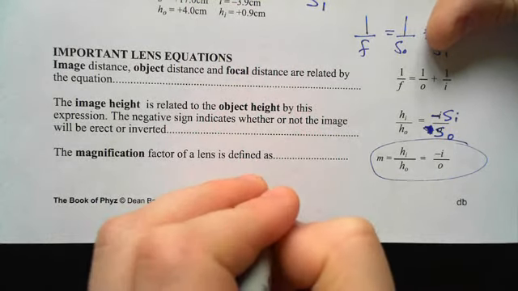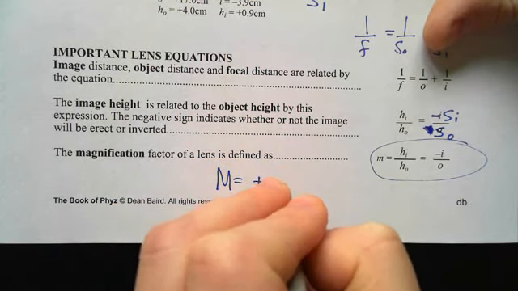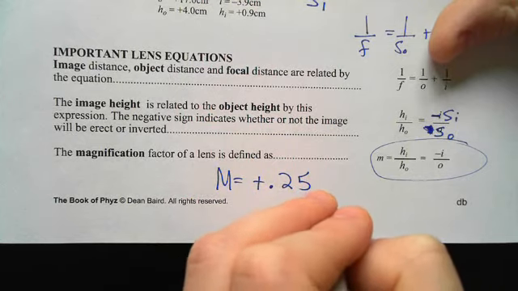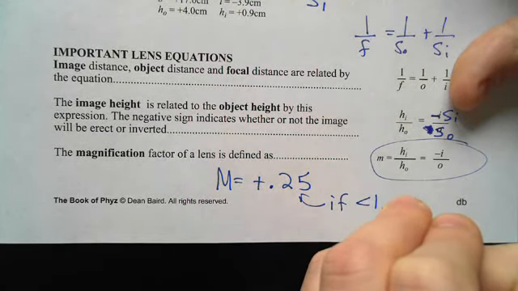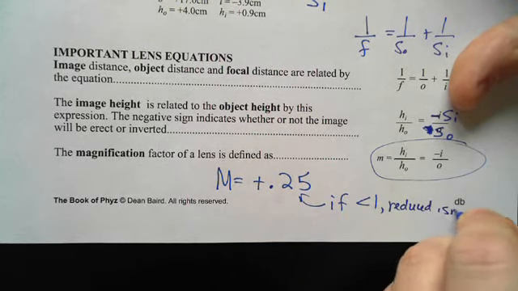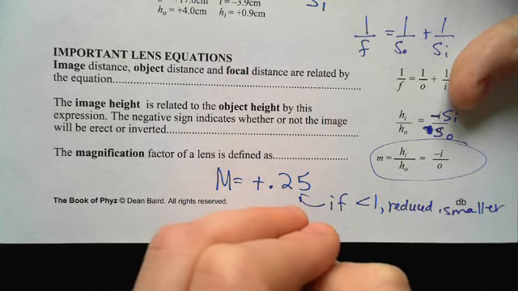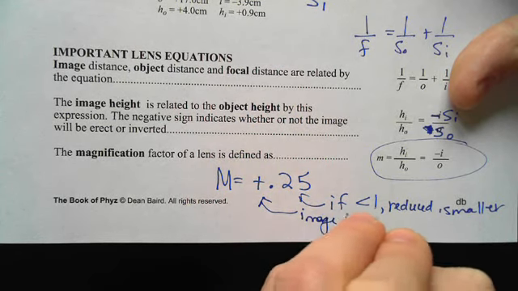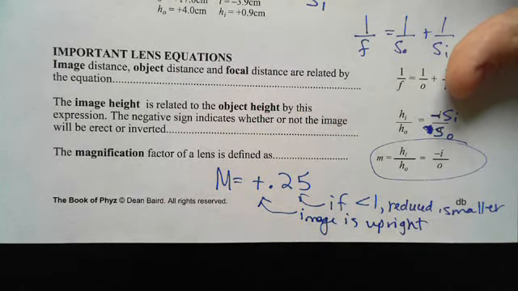So if you get a magnification of, let's say, positive 0.25, anytime your magnification is less than 1, that means your image is going to be reduced. It's going to be smaller. This positive value right here means that the image is upright, which means that it's above the principal axis.